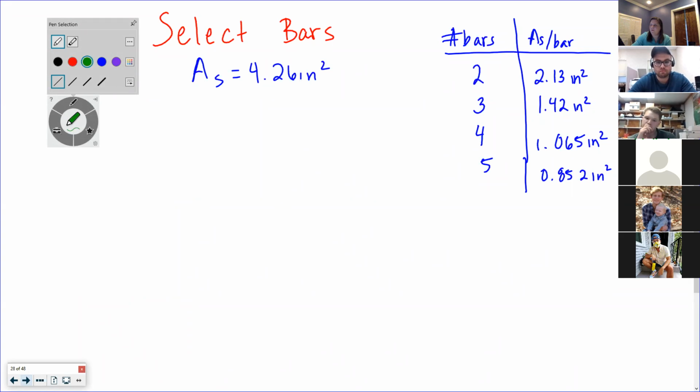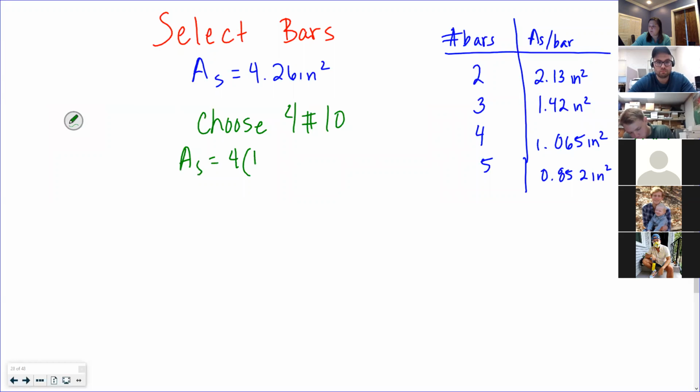I'm gonna just say what I've done, which was 4 number 10s. That's an area of steel of 4 times... I don't know what the number 11 would be.